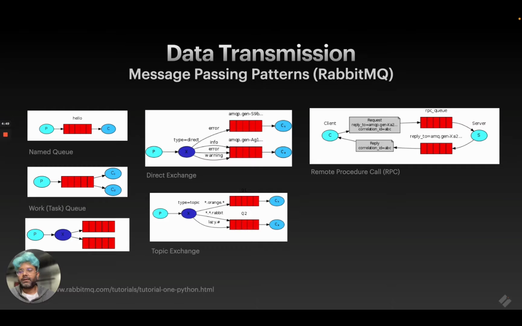Now one can imagine that there could be a situation wherein all the odd messages are lightweight messages and all the even messages are heavyweight messages, which means that the consumer C1 is going to consume and process messages much faster than the consumer C2.